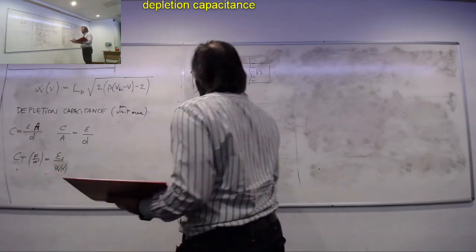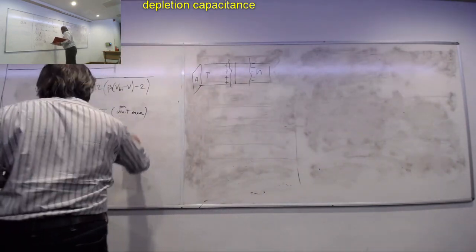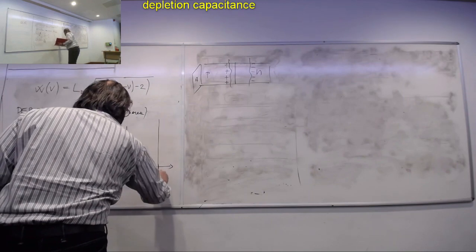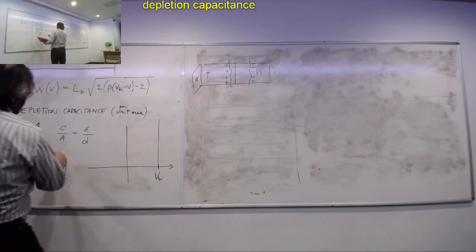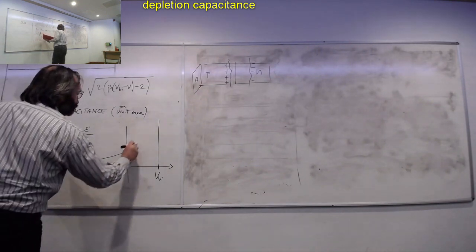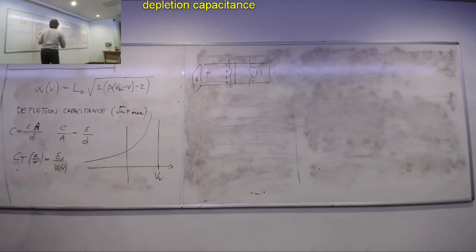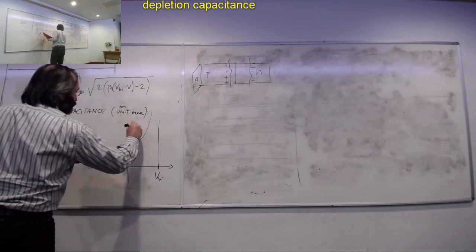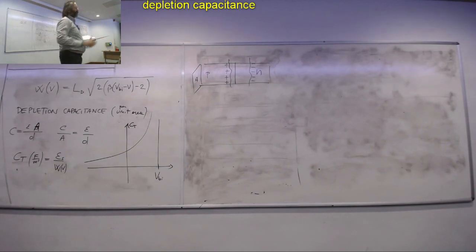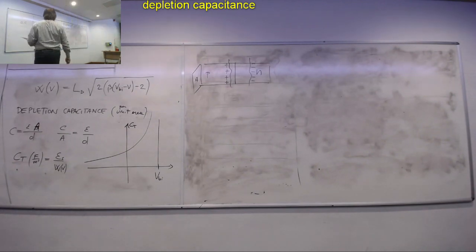So the theoretical expectation is that if this was VBI, CT, the depletion capacitance, should have kind of this behavior. This is CT. I'm not sure why it's always indicated with this T, but in the books, you'll find it as CT.